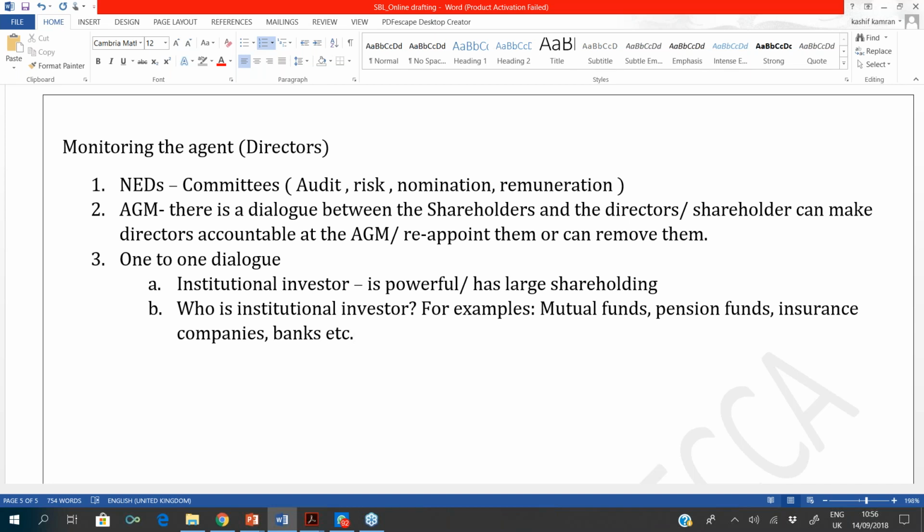So who is an institutional investor? He's powerful. He has a large shareholding. And what power does he get? He gets the power of a direct intervention.